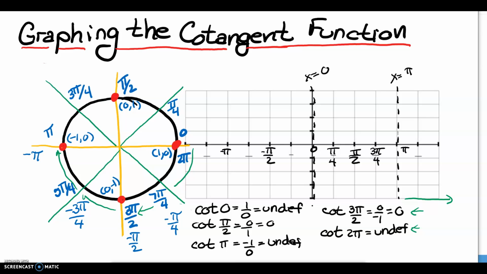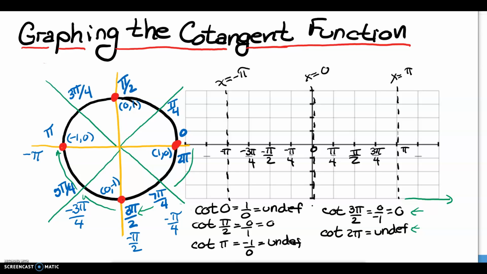So that's going to be equivalent to pi. I know at pi I had an asymptote, so I'm going to put my asymptote here because pi and negative pi are coterminal angles. And so I'm going to mark x equals negative pi. And now I'm going to go ahead and mark inside here, negative 3 pi over 4.